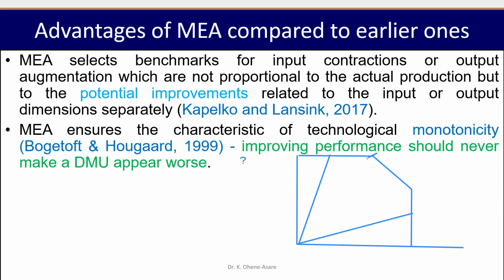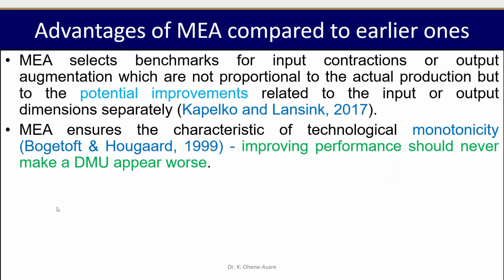And because this DMU is dominating it, where it is doesn't make it good. But what MEA would have done is move it straight away. It will never hit any of this section here. So MEA will move it straight to these sections. And therefore, that is why we say that it ensures technological monotonicity.